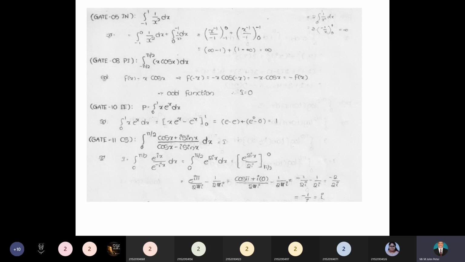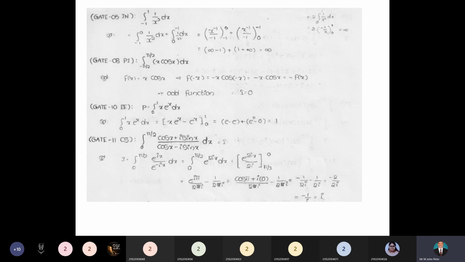If this function were even, for example, if instead of x cos x we had x sin x, that would be an even function. We know that cos of minus theta is equal to cos theta. Keep it in mind here. Simply, cos x is an even function and sin x is an odd function, separately.